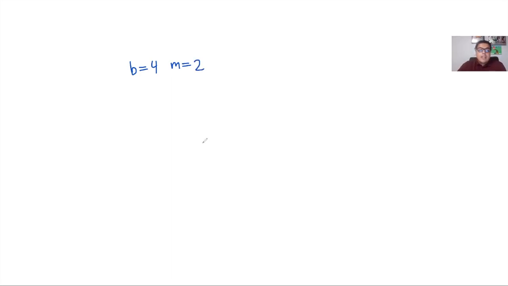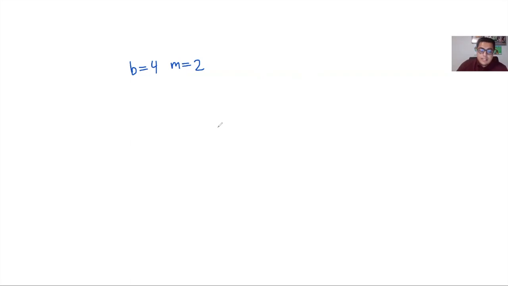Okay, given these two variables, they might ask you, okay, express your linear equation in slope-intercept form and draw the corresponding line on an xy axis.